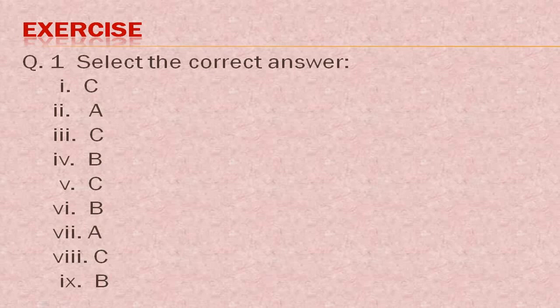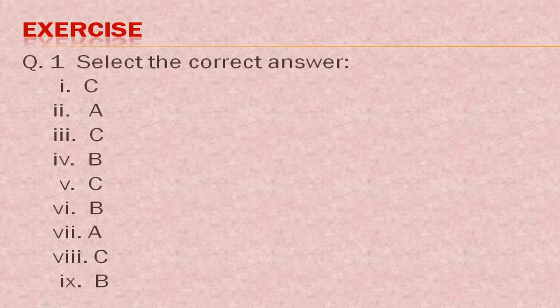Which two structures produce substances involved in the digestion of fat? A 1 and 5, B 3 and 4, C 2 and 3, D 4 and 5. It is B, that is 3 and 4, the liver and gallbladder.